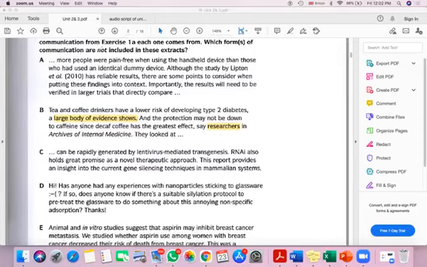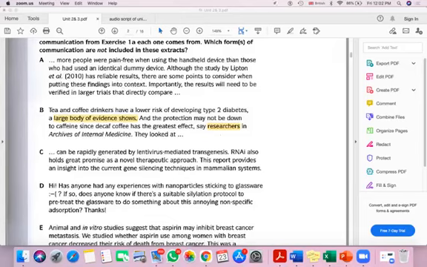All right, let's move here to number C. Whatever can be rapidly generated by lentivirus-mediated transgenesis. RNA interference also holds great promise as a novel therapeutic approach.